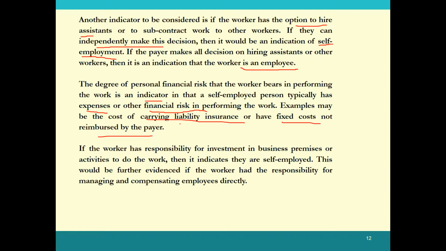Normally, if the employee pays some expenses on behalf of the corporation performing their duties, then it will be reimbursed, but in the case of a self-employed person it will not be. If the worker has a responsibility to invest in the business premises or activity to do the work, then that indicates self-employment.